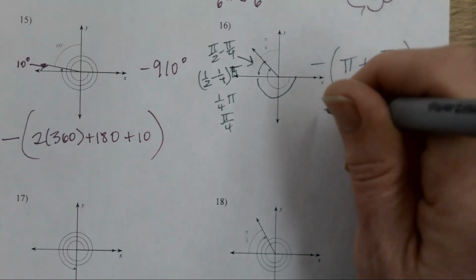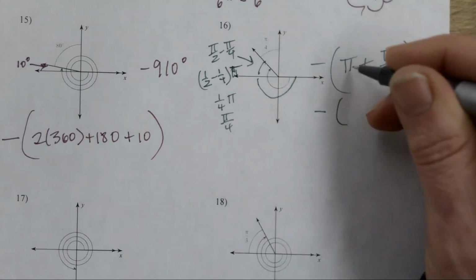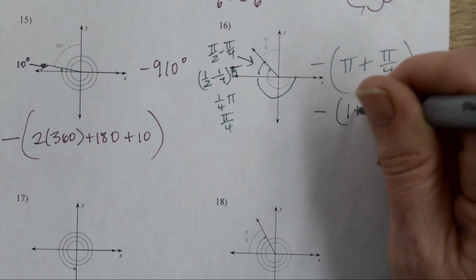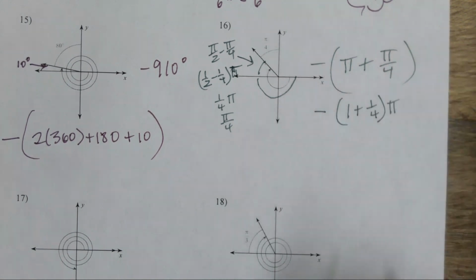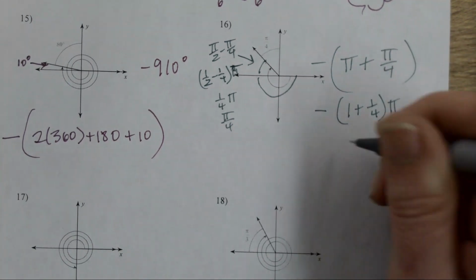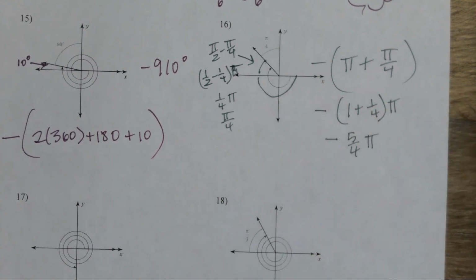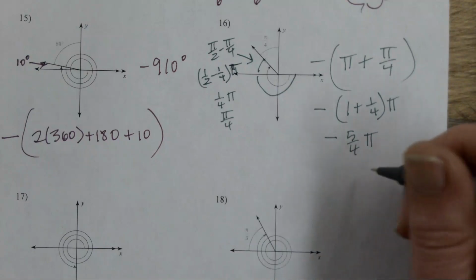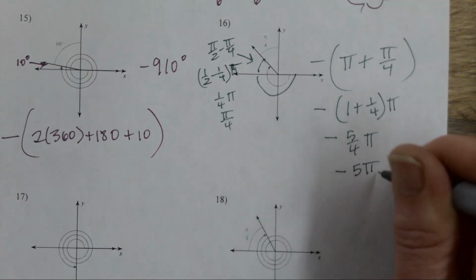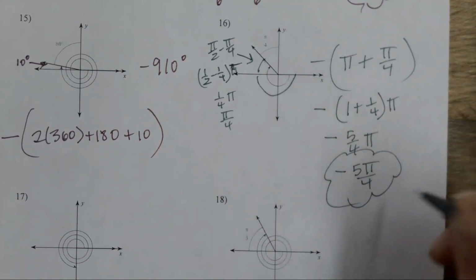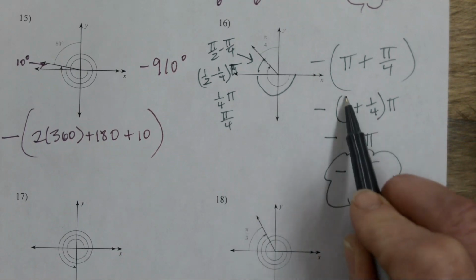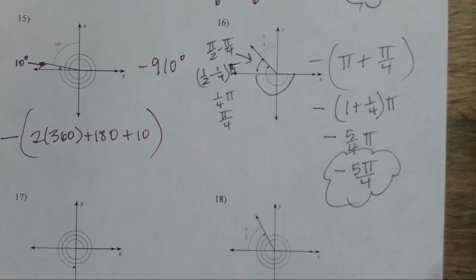That's like backwards 1 plus 1/4 pi, which is like backwards 5/4 pi, which we write as backwards 5 pi over 4. And again, 1 plus 1/4, that's 4/4 plus 1/4, 5/4. It's not my job here to teach you to do the fractions, so again, befriend your calculator if fractions are a struggle.